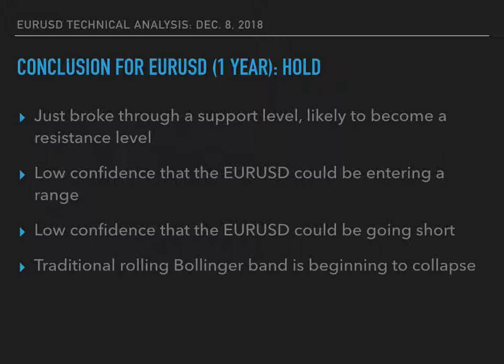And just as I said, this is also a low confidence short trend. And we had talked about how both the traditional and the cross rate Bollinger Bands are closing, showing that the market is beginning to consolidate.